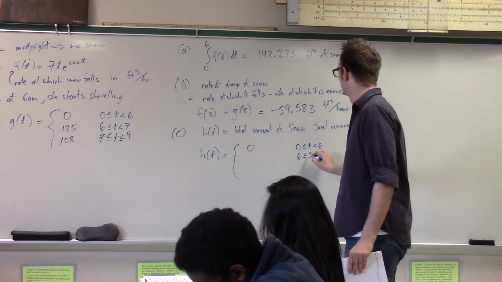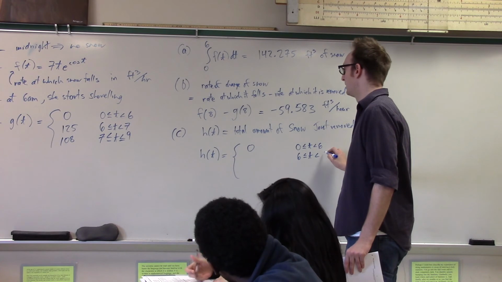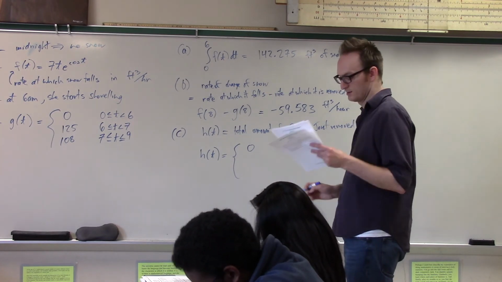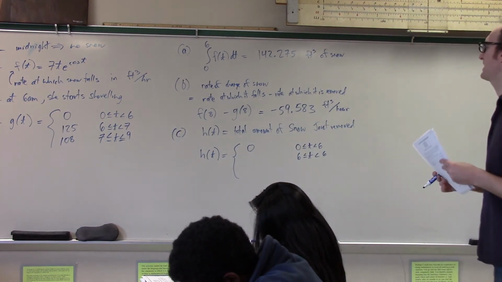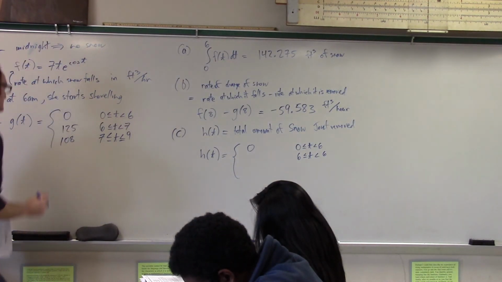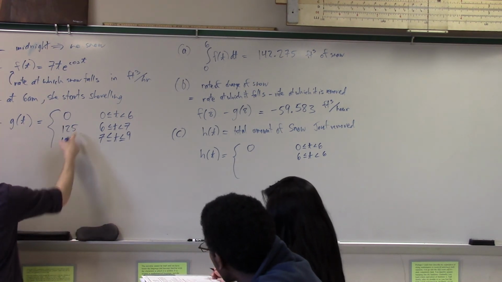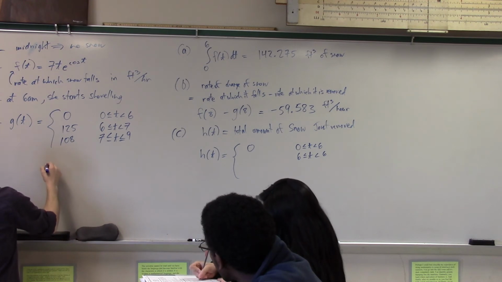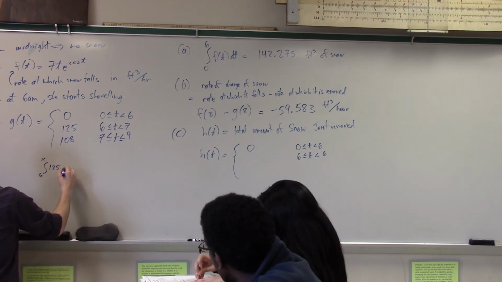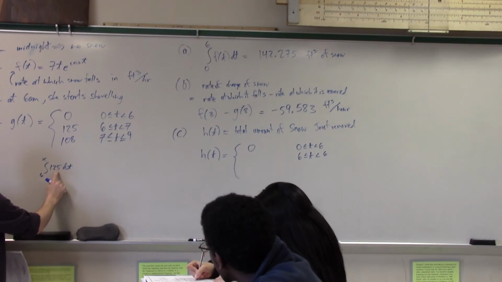The integral from 6 to x. That's actually correct. Since the rate is 125, I like what you're saying: the integral from 6 to x of 125 dt. Yes, that is correct, because this is the rate at which the function is changing.